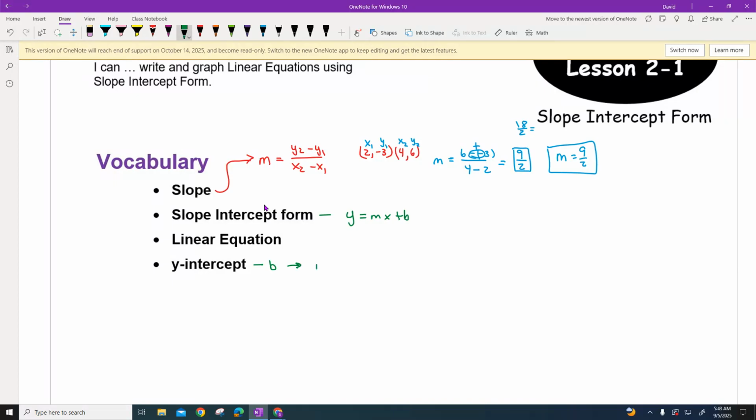I'm also going to say that's where the line crosses the y-axis.